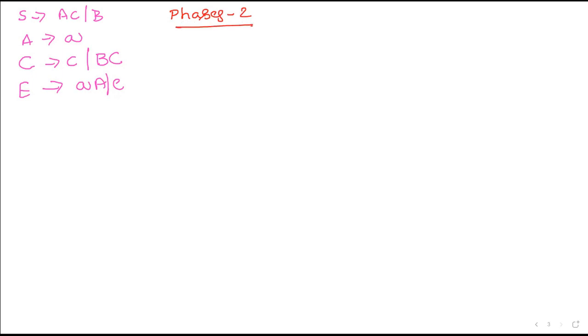S tends to AC | B, A tends to small a, C tends to small c | BC, E tends to AA | small e. This is the given grammar. For this grammar, I will explain the elimination of useless symbols by using the procedure. In this, we have two phases.